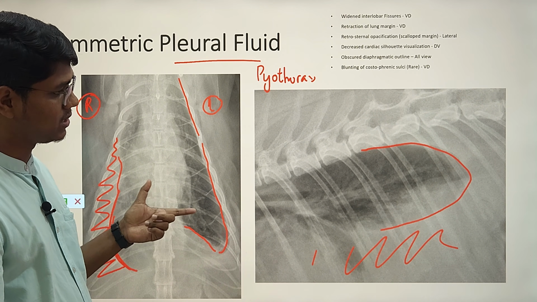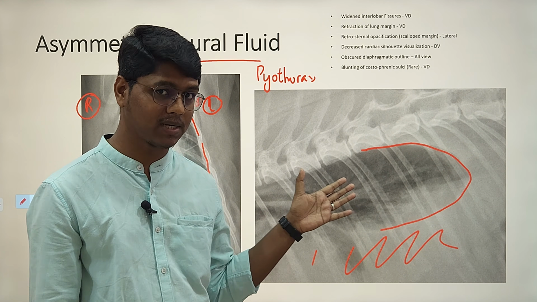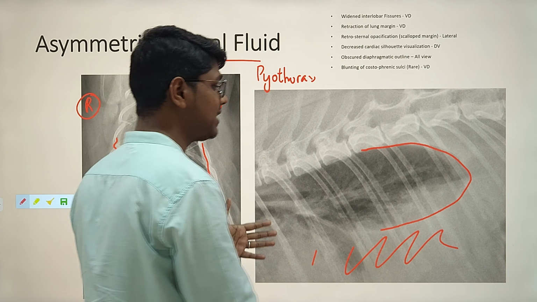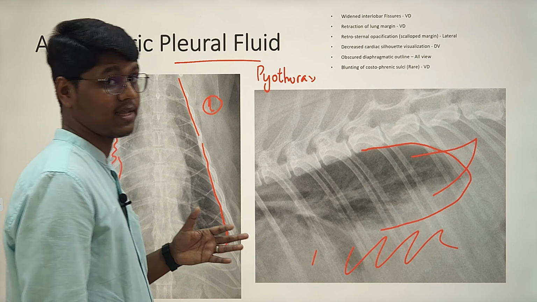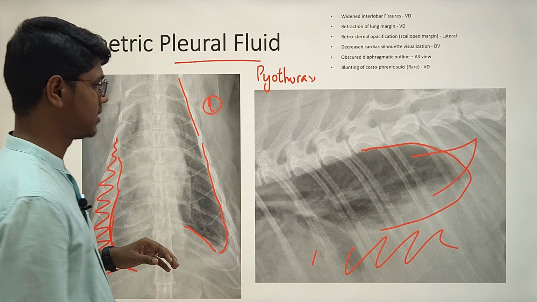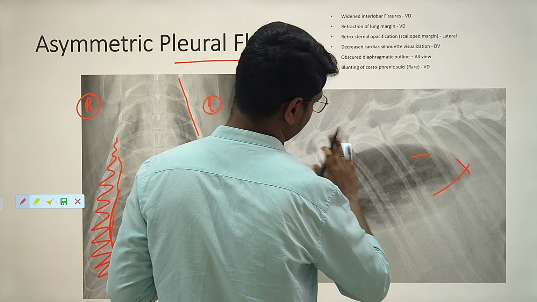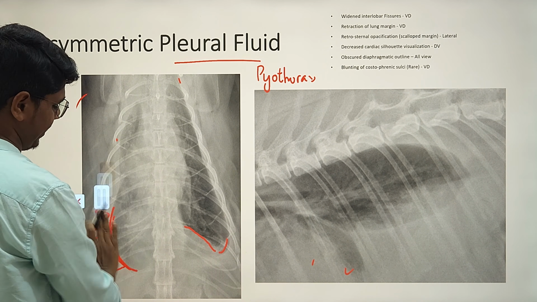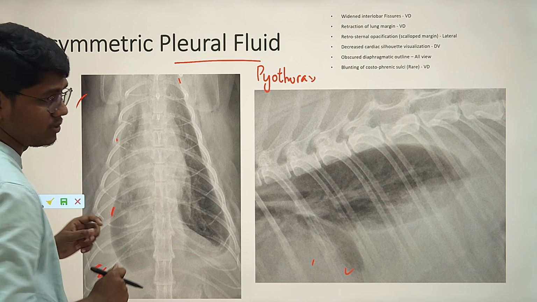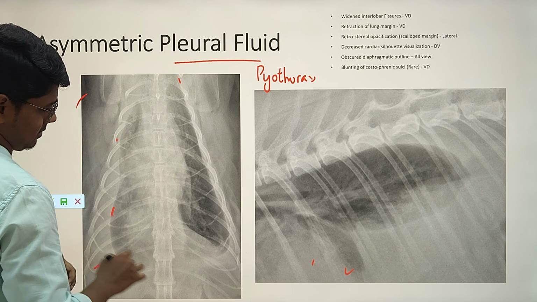Okay, so this is one of the characteristic signs of pleural fibrosis, rounding of the lung margin, which should have been distinct and triangular. Okay, so this is asymmetric distribution of fluid. Most commonly it is found in pyothorax or anything in which the fluid is kind of thick, which hinders its distribution among both pleural sacs.